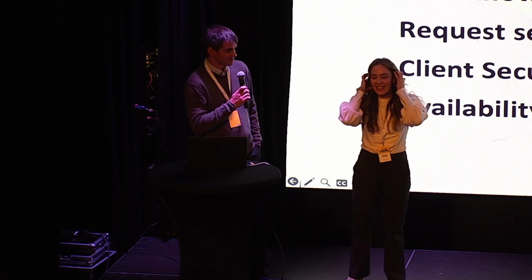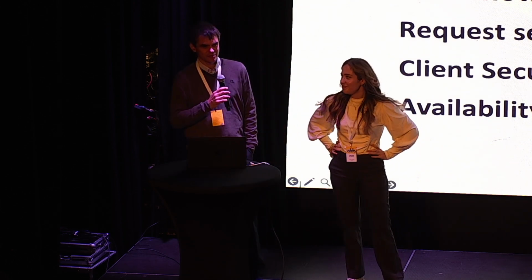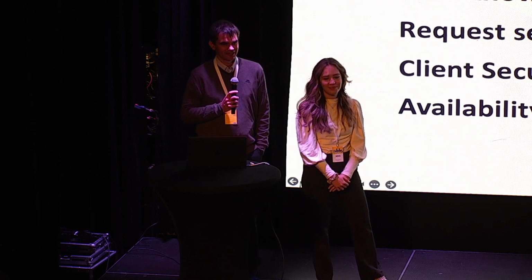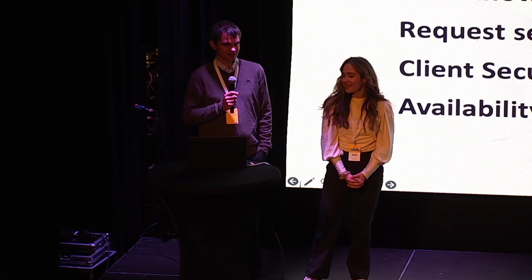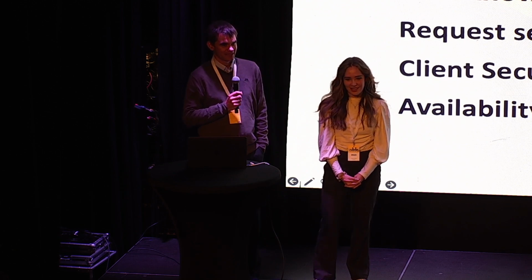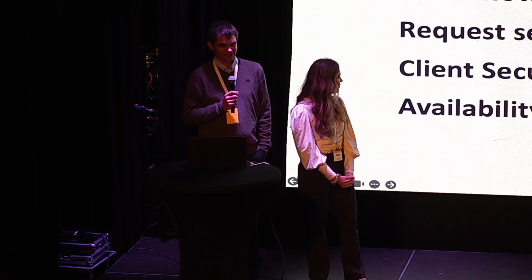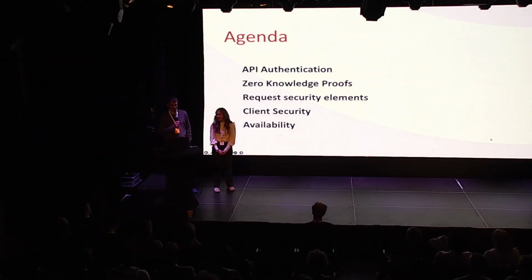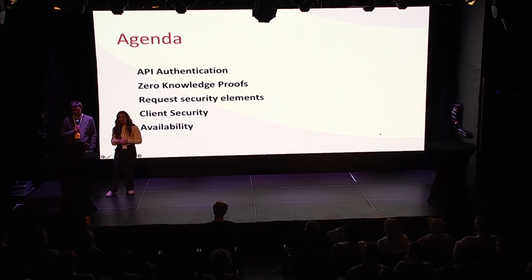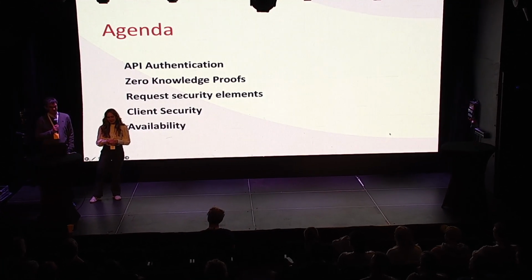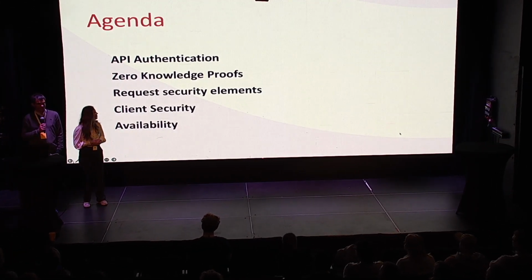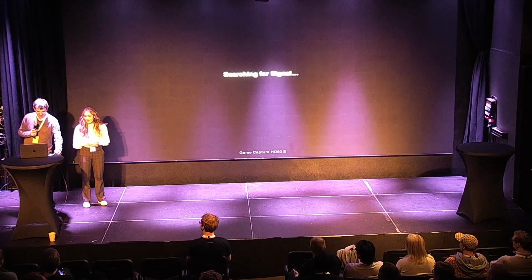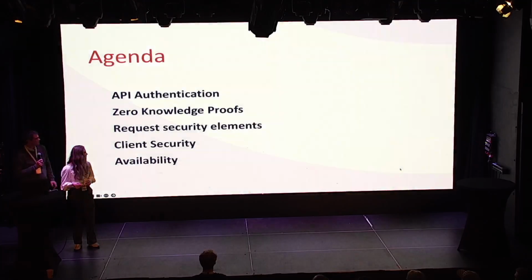Yes, so here's the agenda we have for you today. First, we're going to talk a little bit in general about API authentication and what alternatives you have when you are securing your APIs. We will also go a little deeper into some of the interesting legislation that Nora talked about, before we dive into zero knowledge proof algorithms and how that is applied in the Vipps login system.